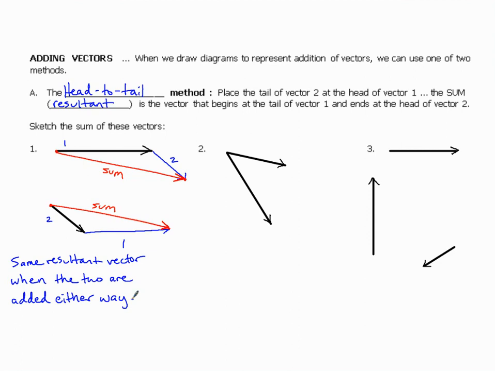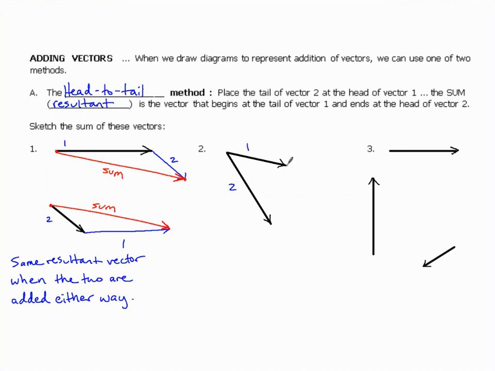In number 2, we have 2 vectors and they share a tail. They go off in different directions and they have different magnitudes. So let's call these number 1 and number 2. We are going to take vector 2 and place the tail at the head of vector 1.